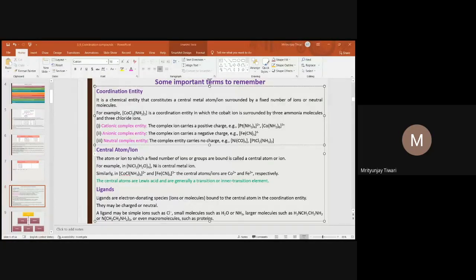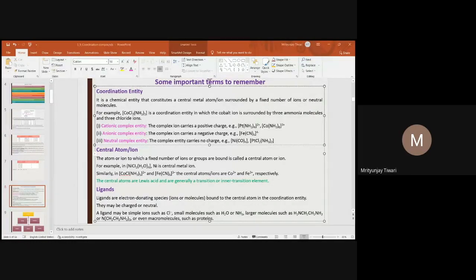For the chelating ligand, if both donor atoms are coordinated to the same single metal, then this phenomenon is called chelate formation, or chelation, and this behaves as a chelating ligand. So didentate, bidentate and polydentate ligands can behave as chelating ligands.